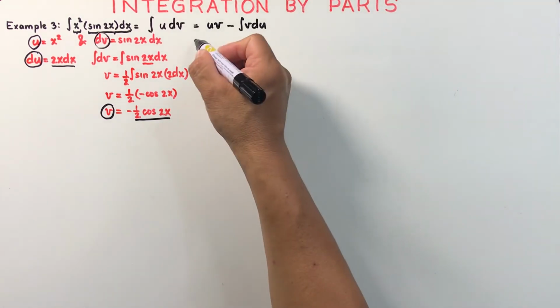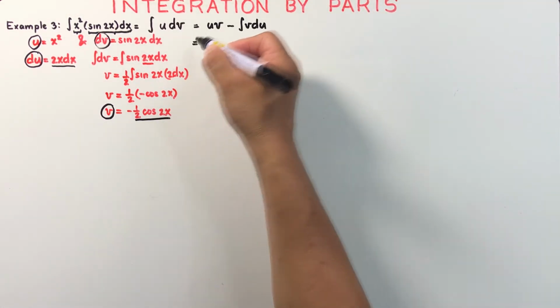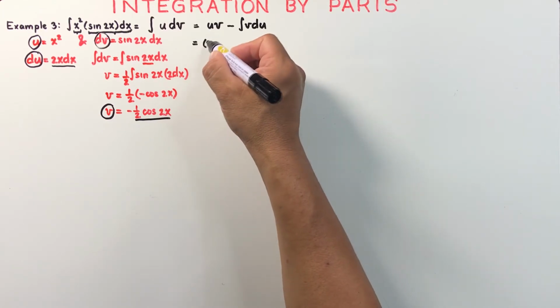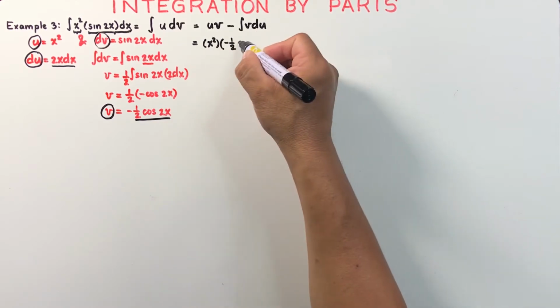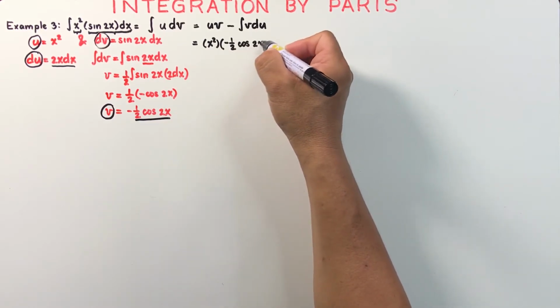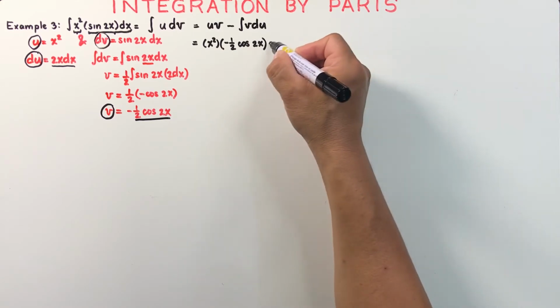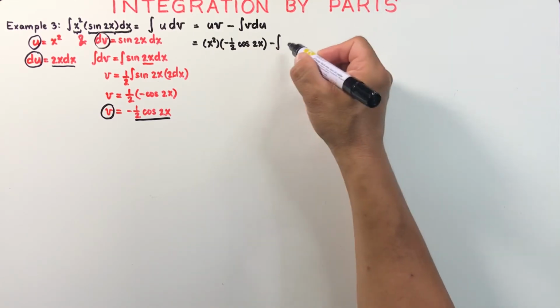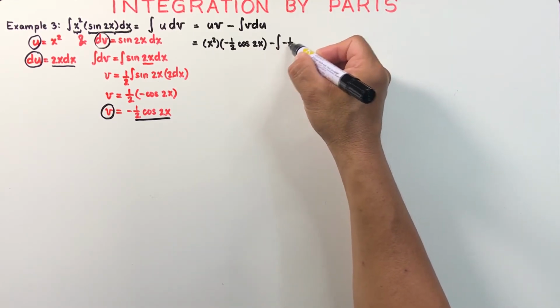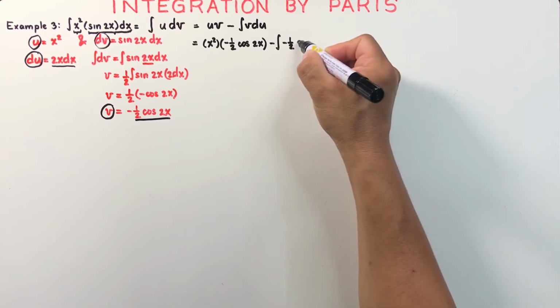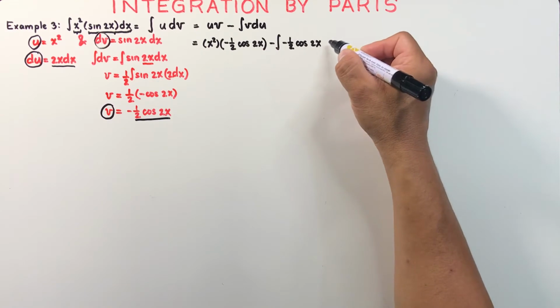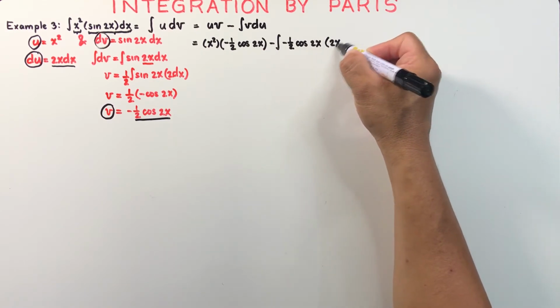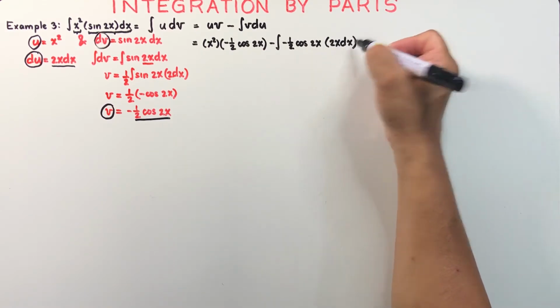So substituting back our original variable, our u is x squared and our v is negative 1/2 of cosine 2x, and this will be subtracted by the integral of our v, which is 1/2 of the negative of cosine 2x times our du, which is 2x dx here.